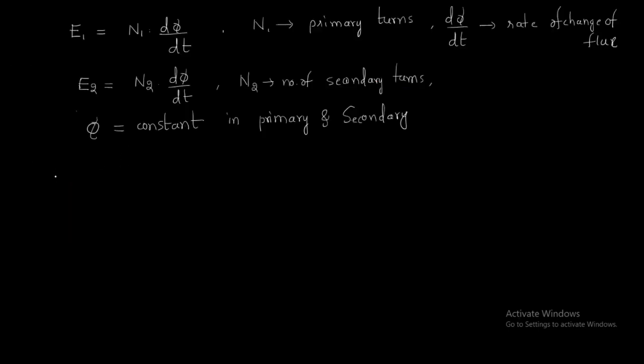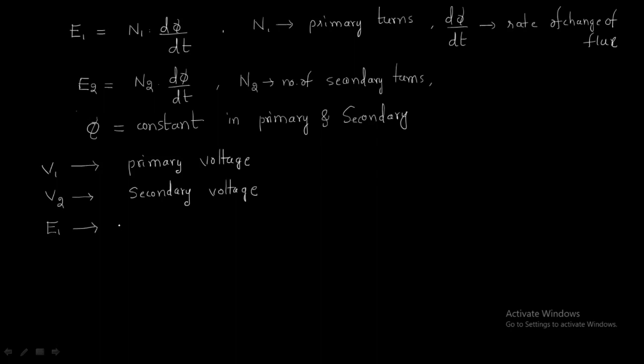So we have a number of things. What are they? First we have V1, which we can call the primary voltage. And V2 is called the secondary voltage. We have E1. E1 is also a voltage, but it is induced in the winding, so we can call it the primary induced EMF or voltage.